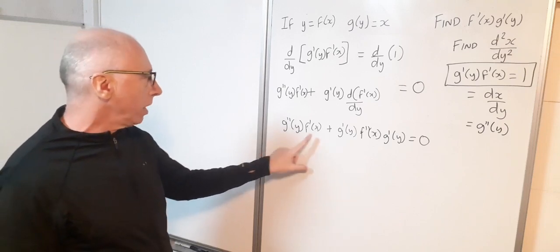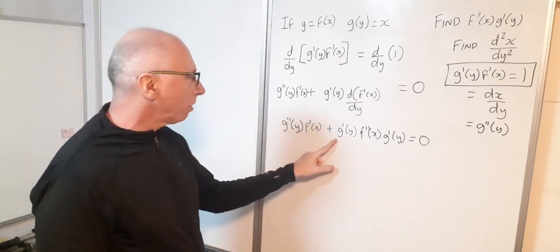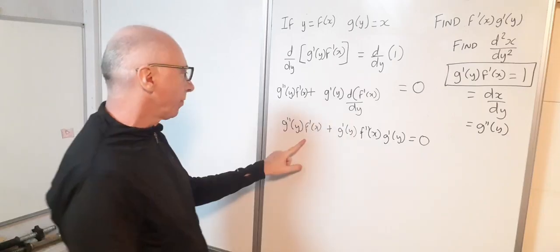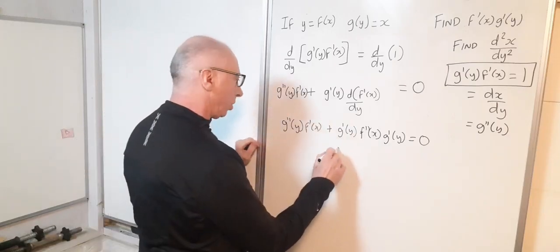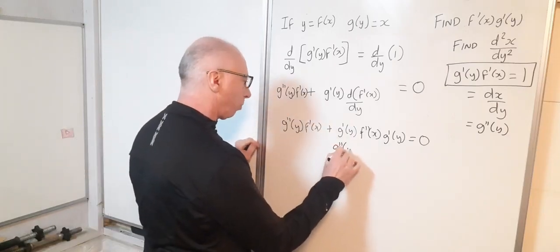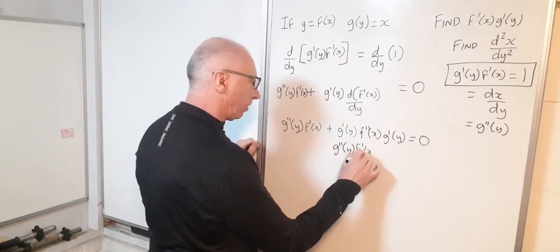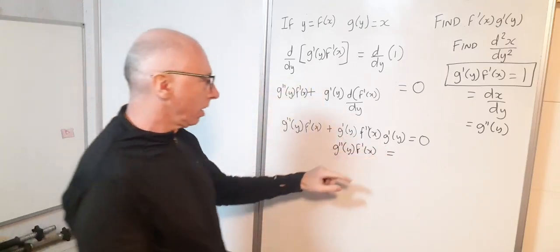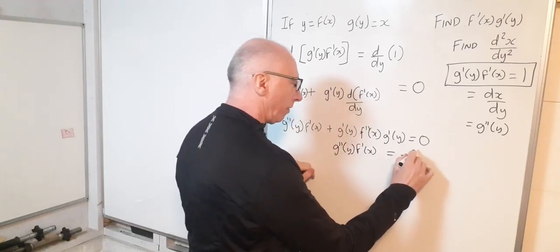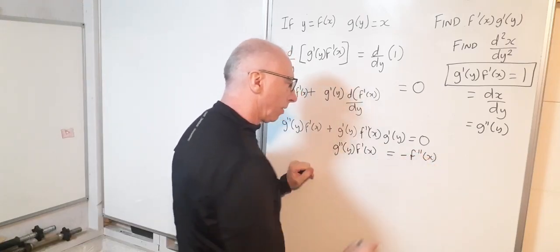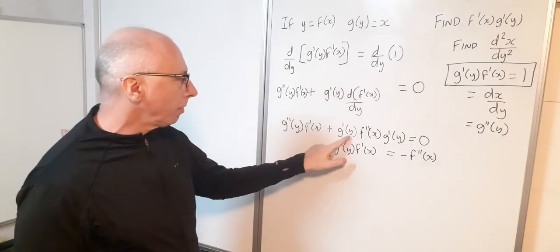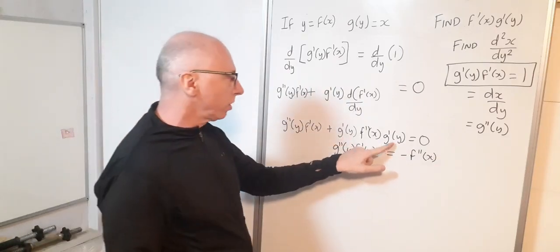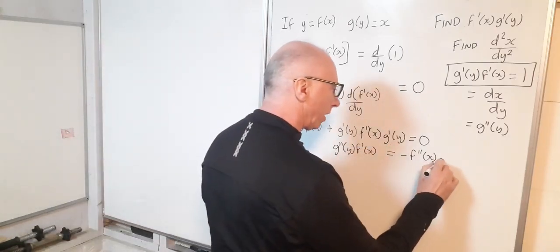As it's set to 0, I can bring this all to the other side. So now g double prime of y, f prime of x, equals the negative of this. So I've got negative f double prime of x, and notice here I've got g prime of y twice, so I can just write that as a term squared.